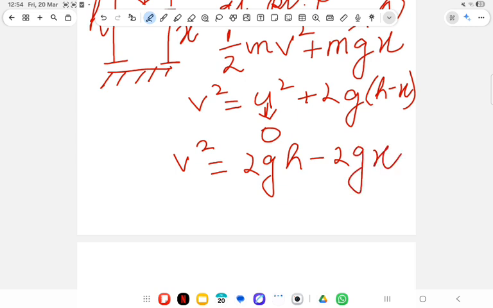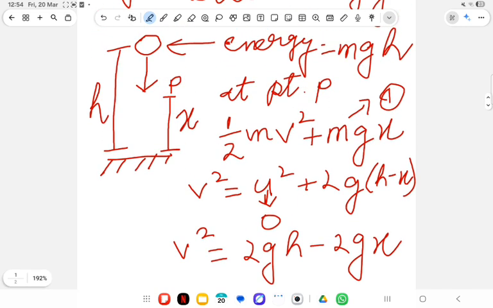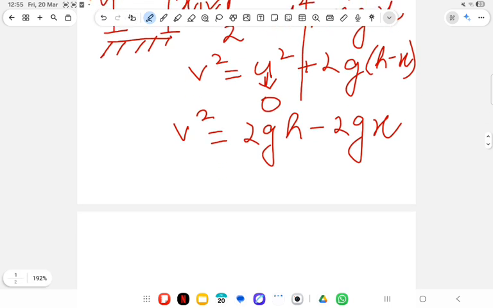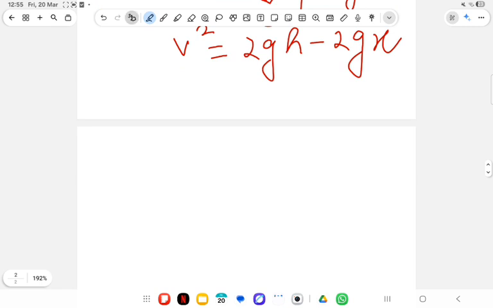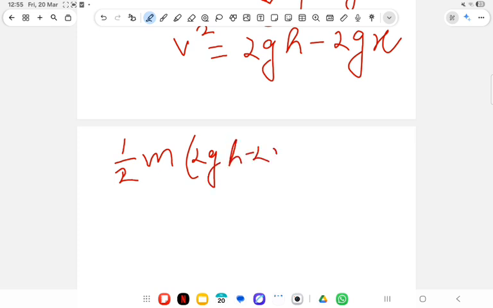So when we substitute the value of v square in the equation of the complete energy of the ball, equation 1, we get half m, instead of v square we will write (2gh minus 2gx).